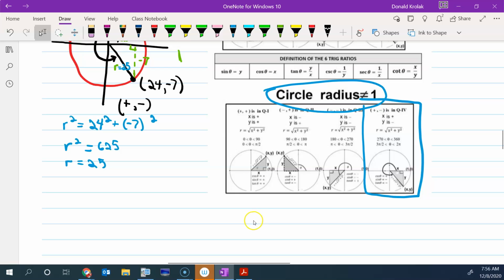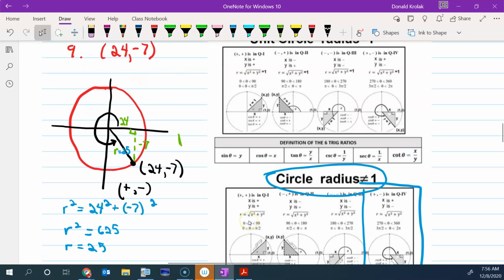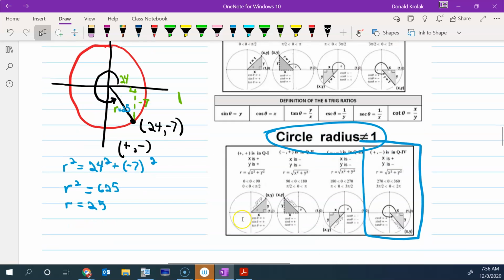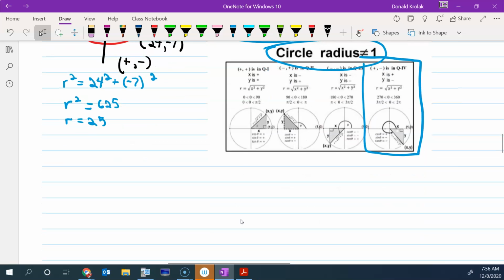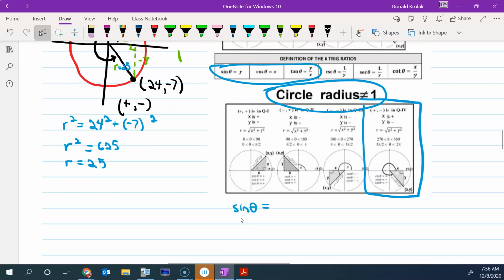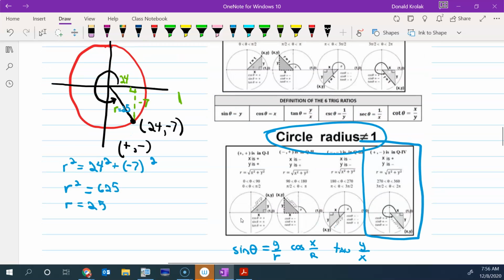To get our sine, our cosine and our tangent, we're going to use these values, except now sine is equal to not just the y coordinate, it's y over r. Cosine is x over r. And then tangent is going to be y over x. I'm just taking those right from this chart up here.